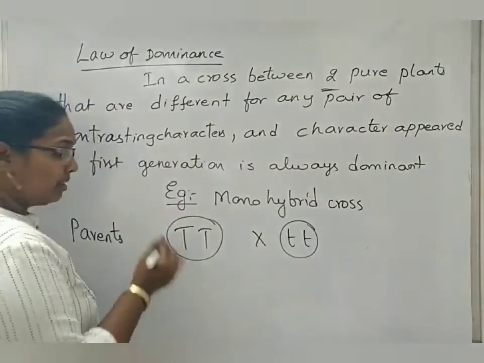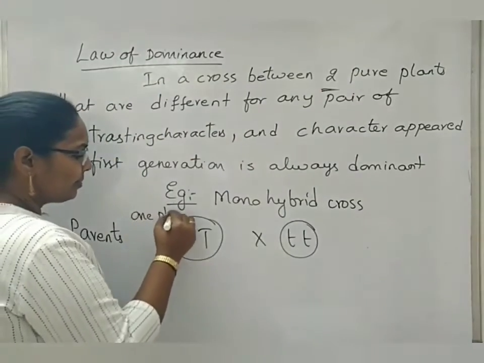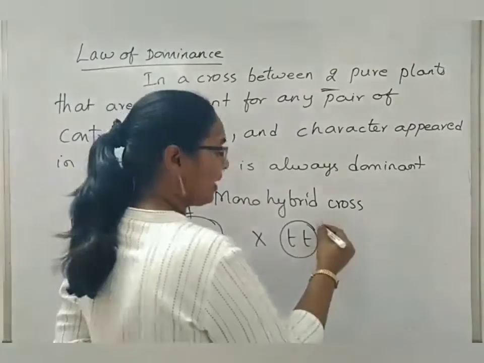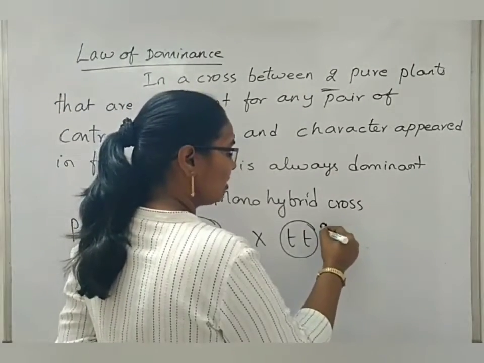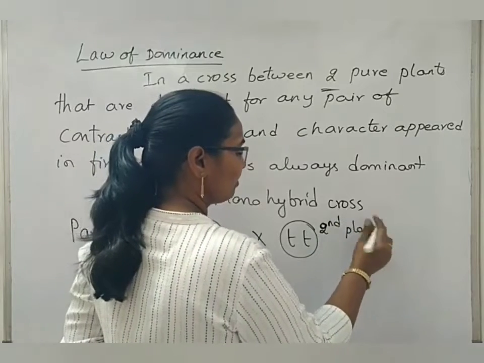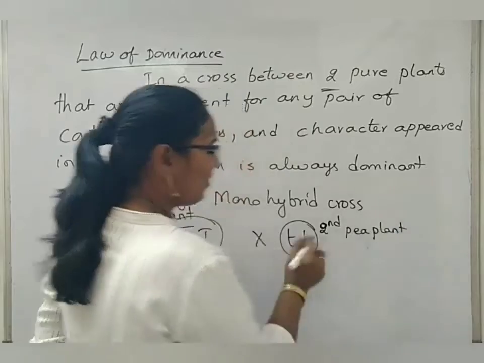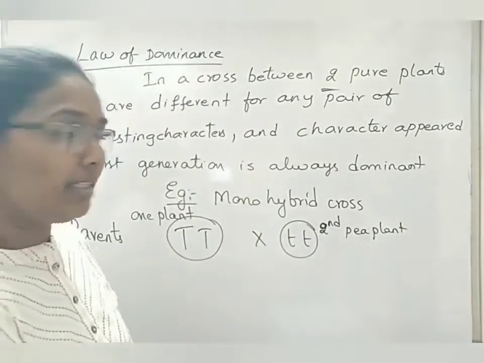But suppose this is one pea plant that has its genotype like this. This is another pea plant, the second pea plant, which has purely homozygous recessive alleles.